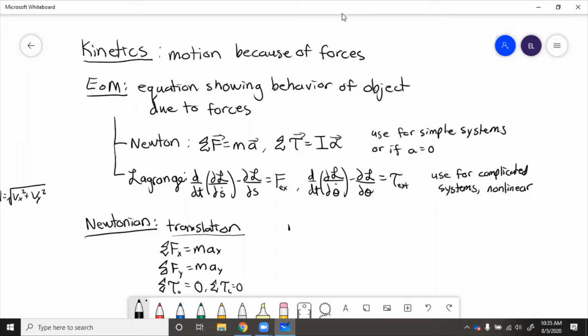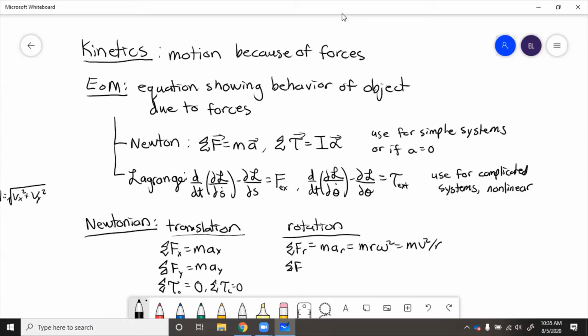For rotation, we can say sum of the forces in the r direction equals m times ar equals m r omega squared equals m v squared over r.